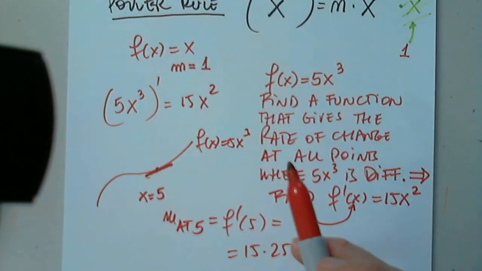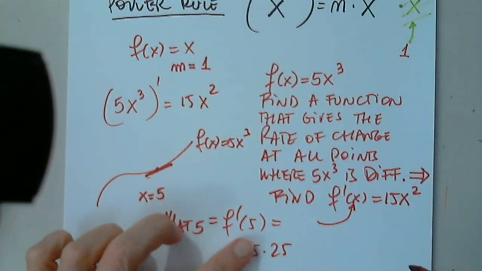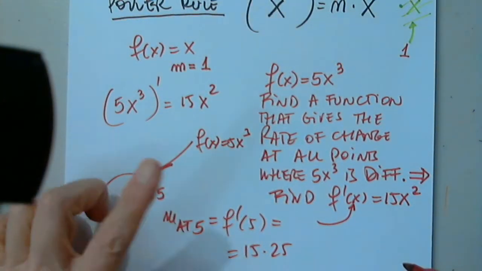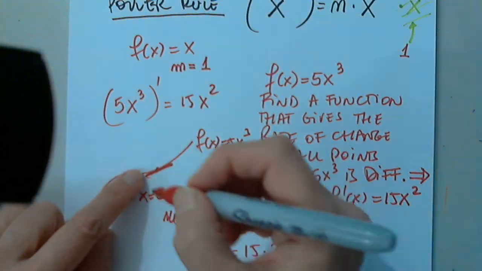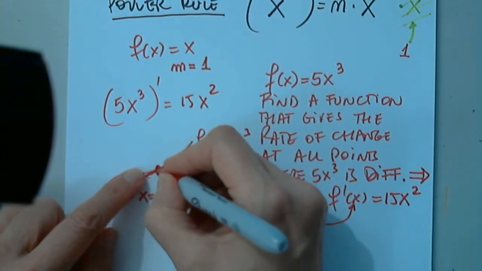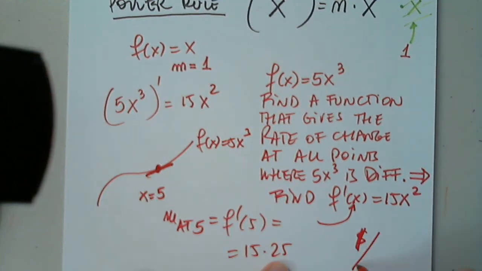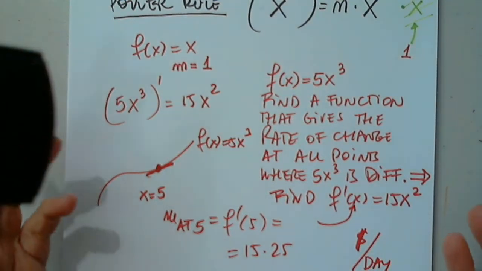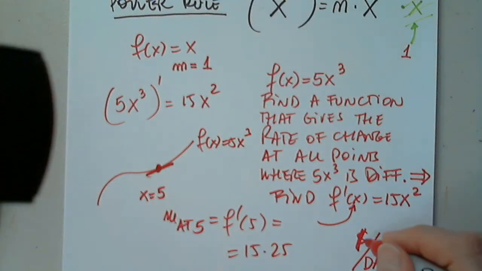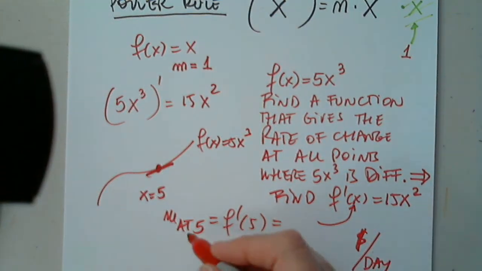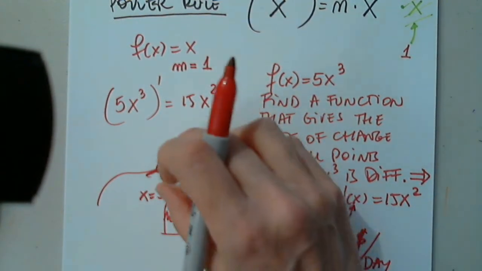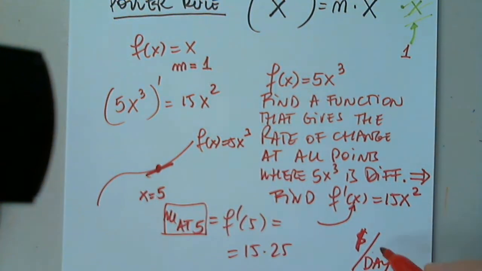If this is the profit function, I will say to our boss, at 5, the profit is increasing, and the rate of change at this point is whatever this is in dollars per day or per month, but it has to have 2 measurement units. It's rise over run.